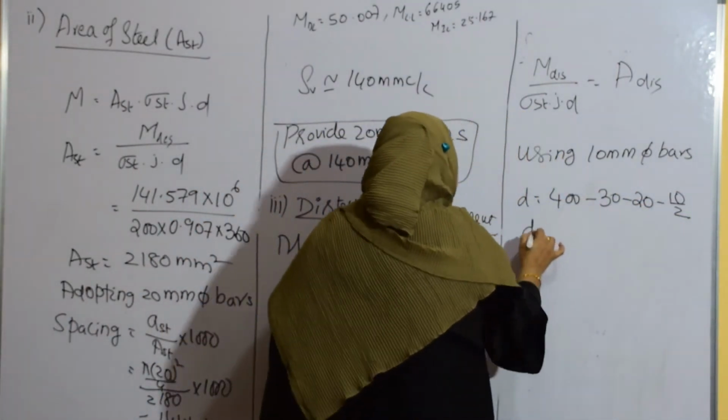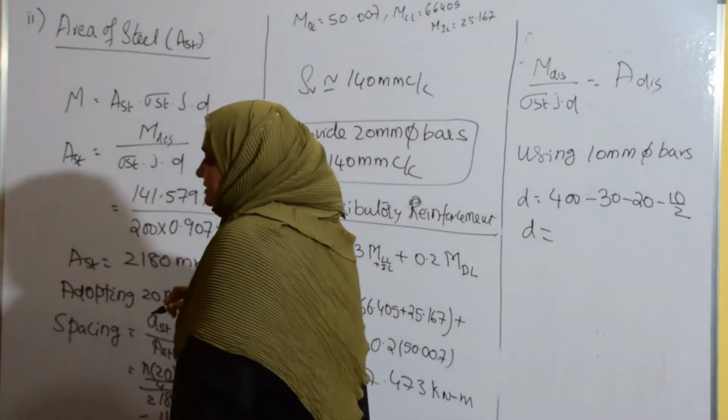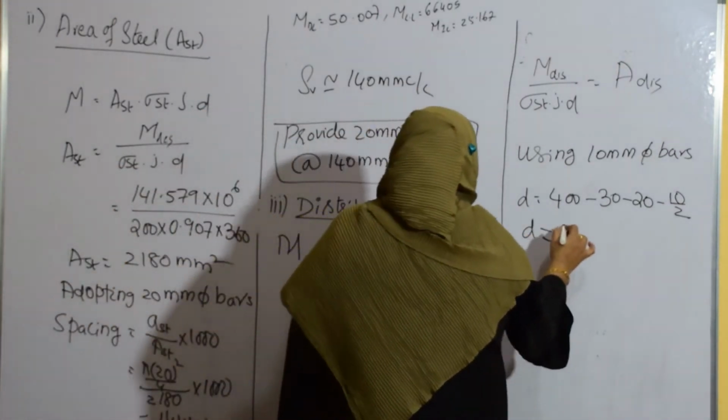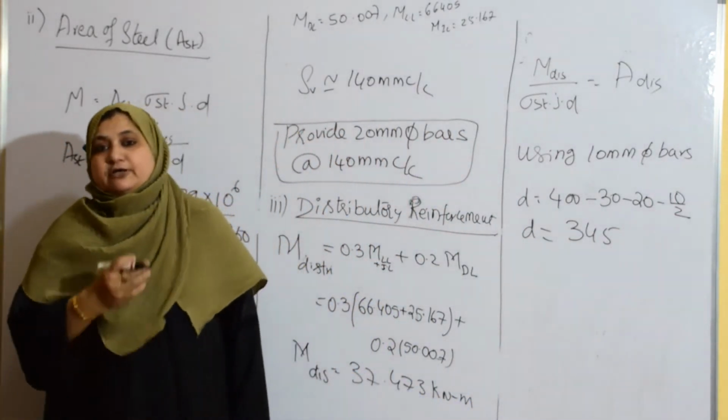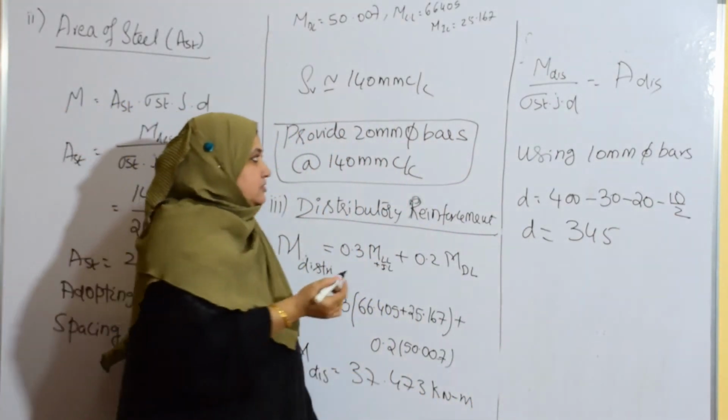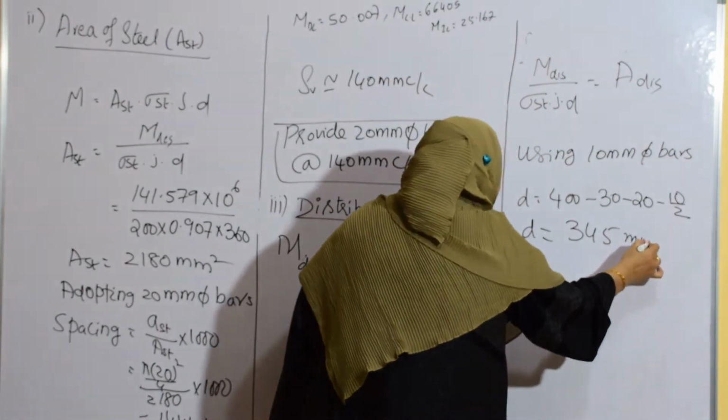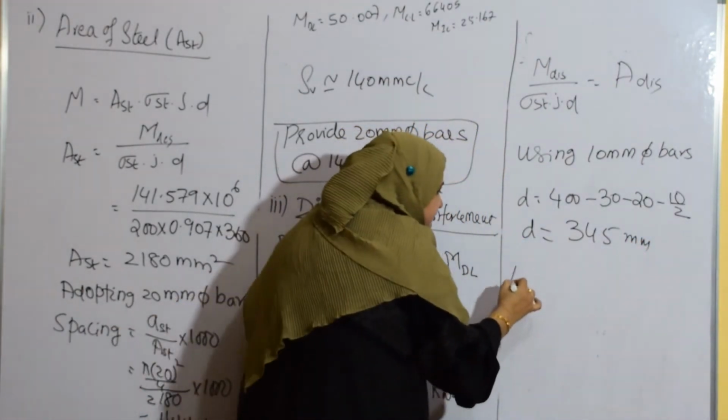This will give you the effective depth, so it is 345 mm. So this you have to use and get the area of distributory steel.